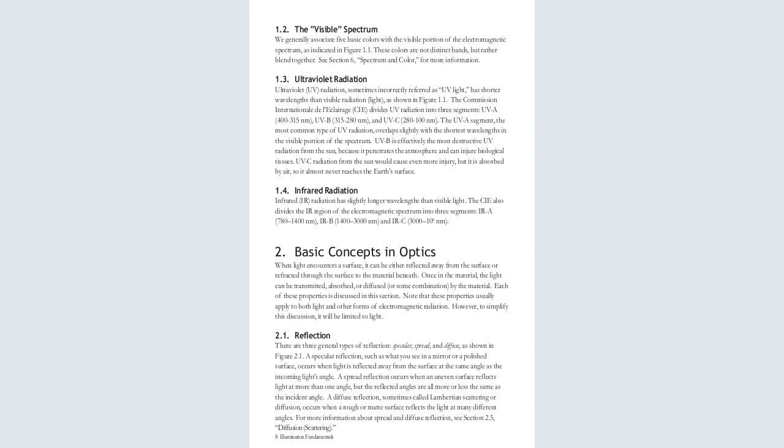Then the visible spectrum. The ultraviolet radiation, sometimes incorrectly referred to as UV light, has a shorter wavelength than visible radiation light.